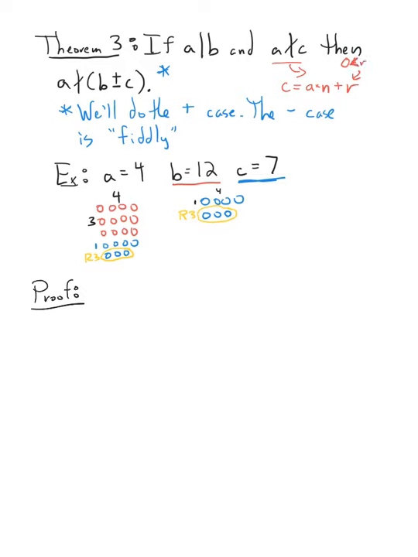So it's going to be between 0 and A. So you can always write a number that doesn't divide as some multiple plus your remainder. Like here, 7 we can write as 4 times 1 plus our remainder 3. So that should help you there.